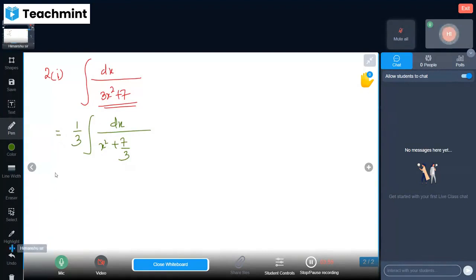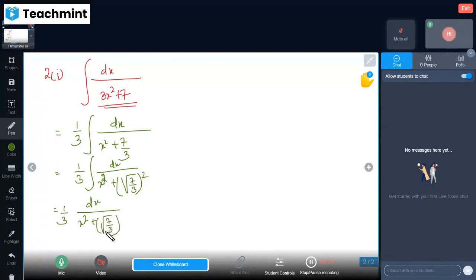But this is not of the form a square, so make the arrangement. dx is equal to x whole square plus root over 7 by 3 whole square. Understood? So 1 upon 3 dx upon x square plus root over 7 by 3 whole square, the integration.